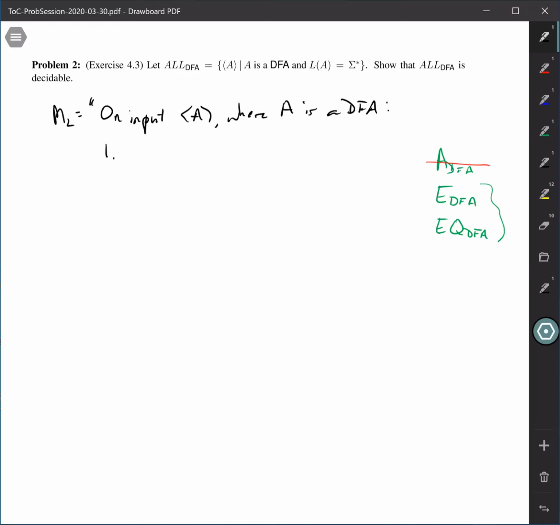So what we can do is use any of the conversion procedures to turn A into a different DFA that we can then ask whether or not the language recognized by our new DFA is empty. So any ideas for this?